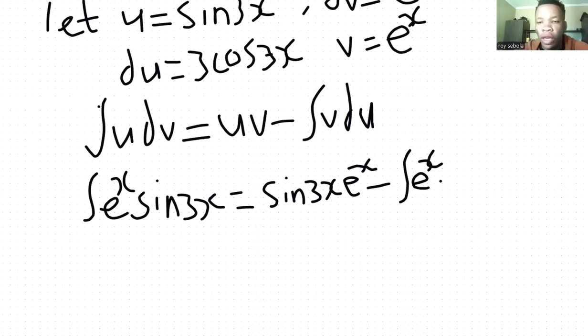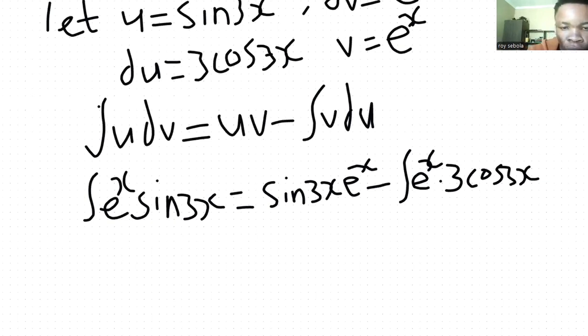Now, you can tell that the integral of e to the x and 3 cos 3x is also integration by parts. So we still continue integrating this part. But before, we must take out the constant first.